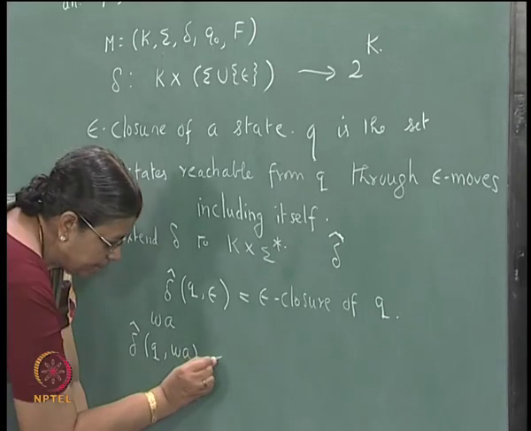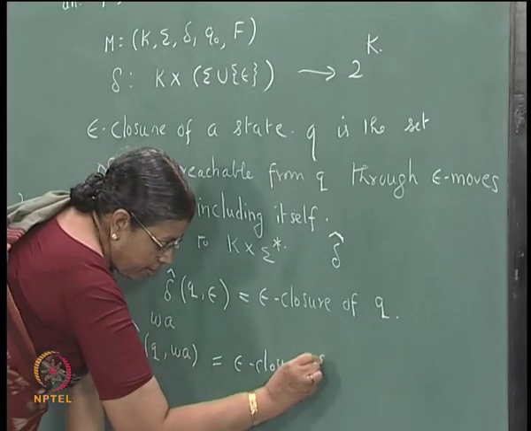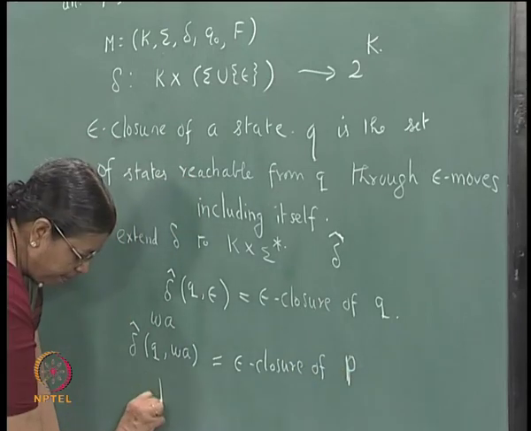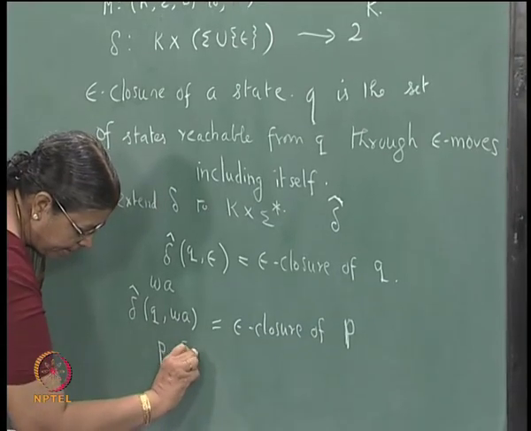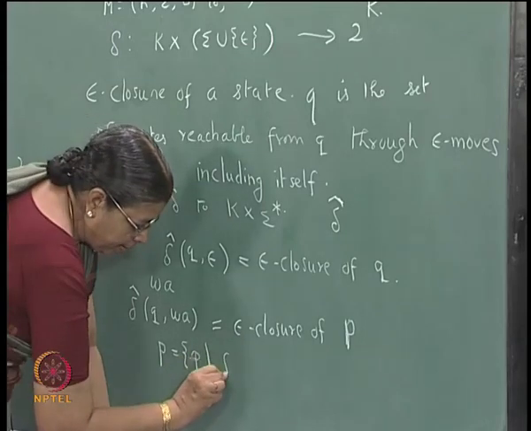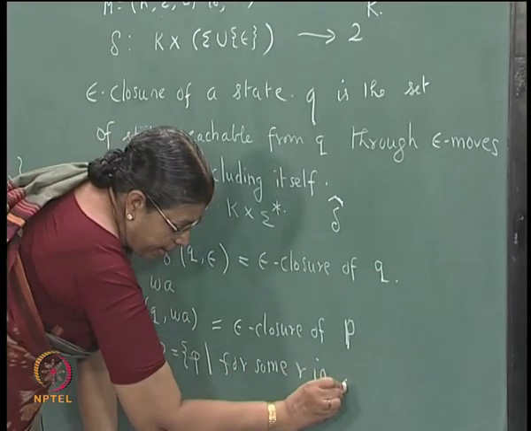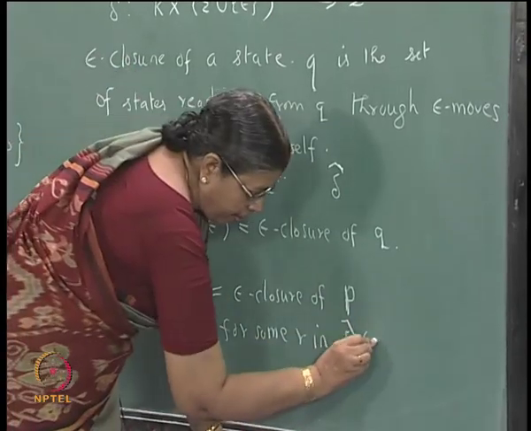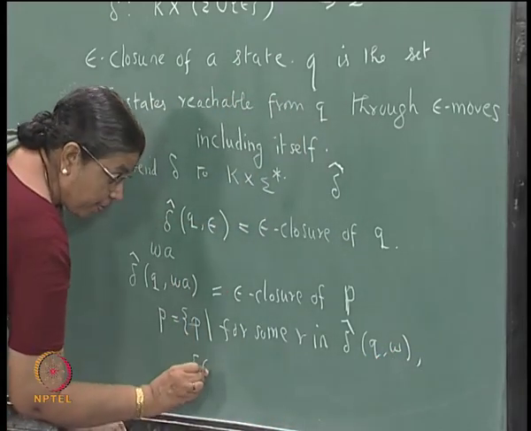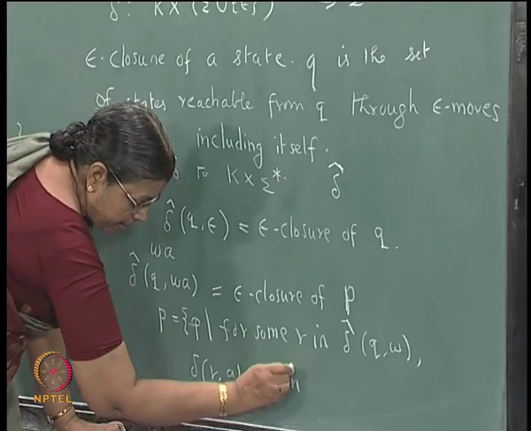This you define as the epsilon closure of P, where P is a set of states, small p, for some R in delta cap of Q, W, delta of R, A contains P.